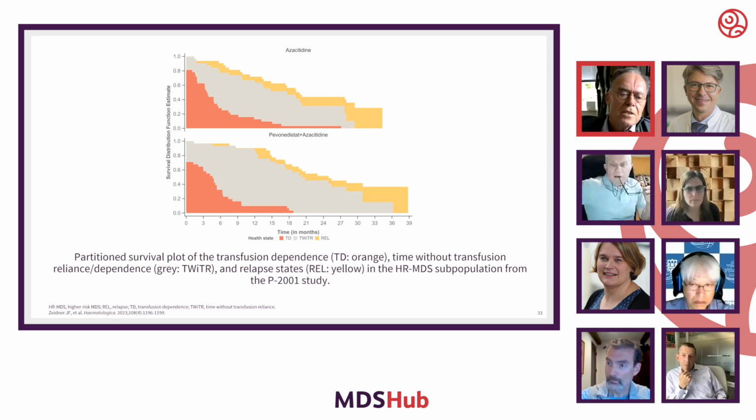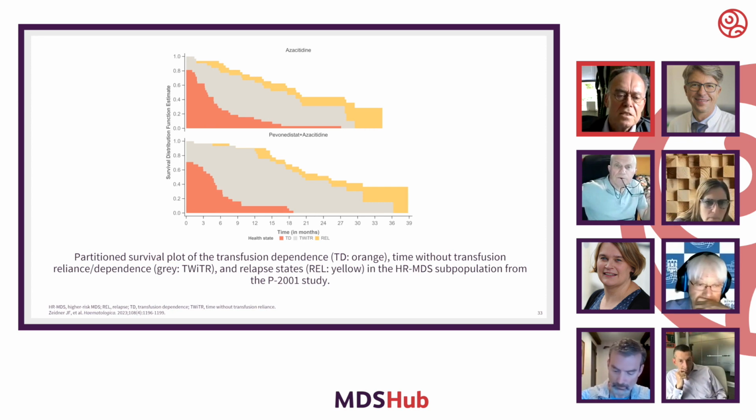So here you see the survival curves of the two arms, the azacitidine arm and the pevonedistat azacitidine arm. And you see three groups here. The orange group are the patients during the period when they have transfusion dependence. The other group are the patients after relapse in the overall survival. And in the intermediate group, these are patients who did not receive transfusions according to the definitions of this study, and who have not relapsed.